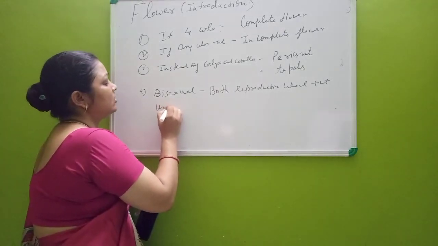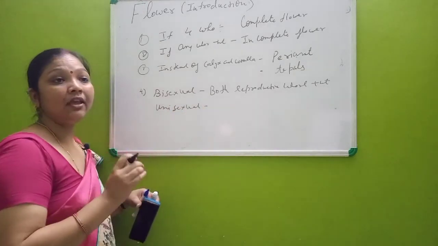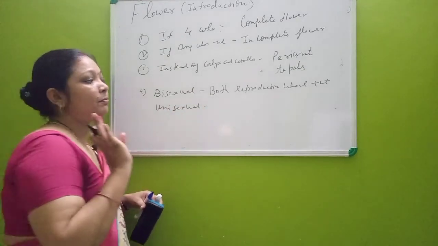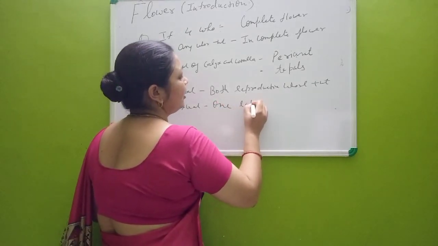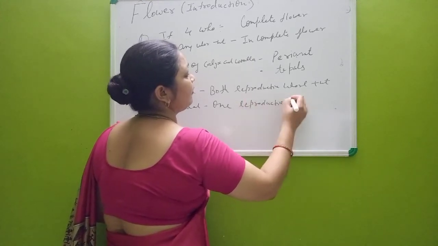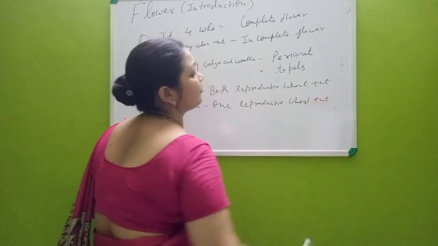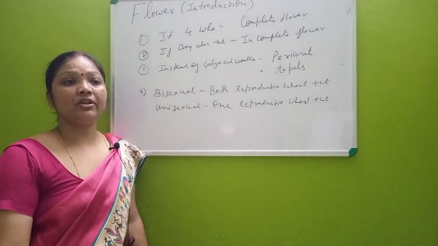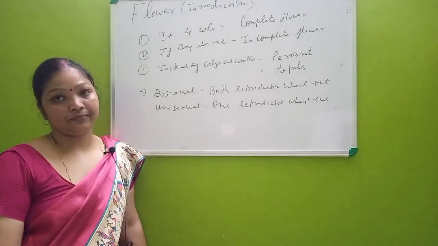The other is unisexual. That is, if only one reproductive whorl is present, then that is called a unisexual flower.